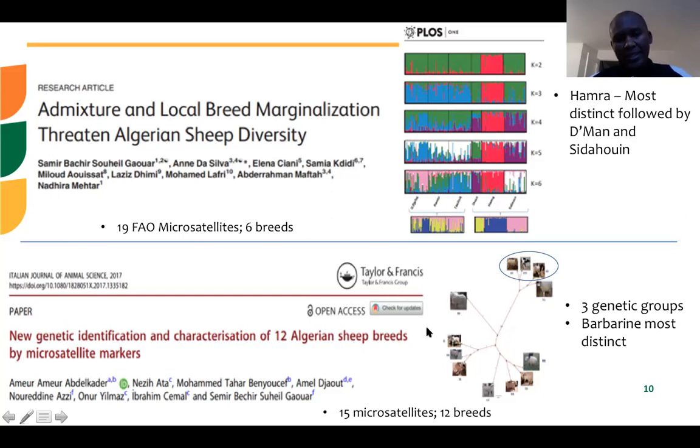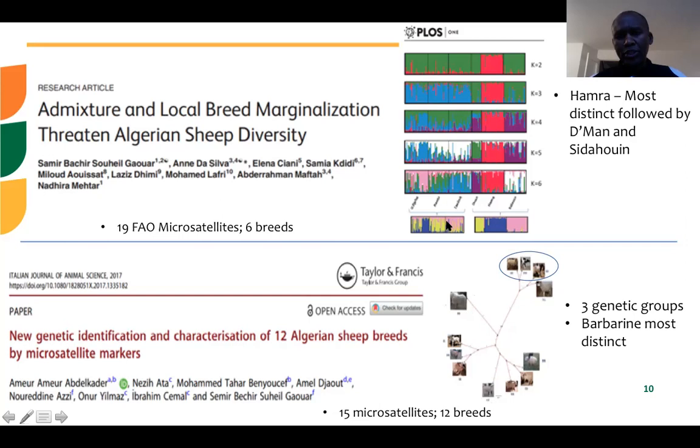Now, when you look at the second study, which analyzed 15 microsatellite markers, the 12 Algerian breeds were separated into 3 distinct genetic clusters, of which one breed, known as the Berberine, was the most distinct. The Berberine was not analyzed in the first study.